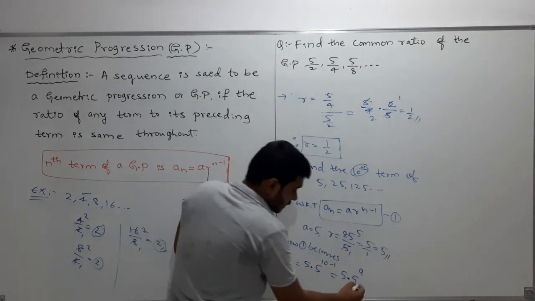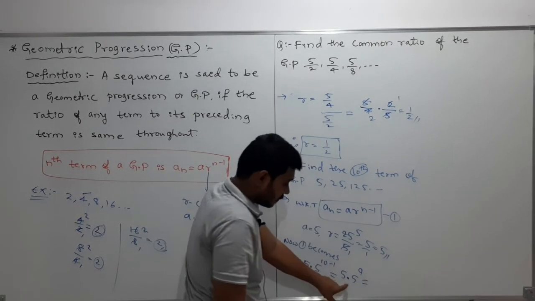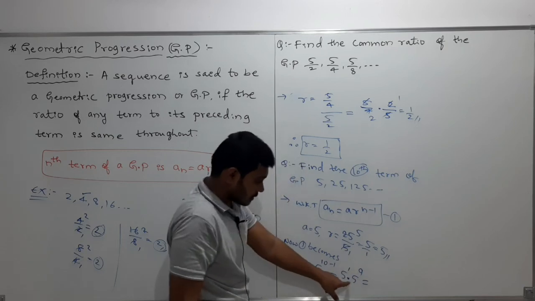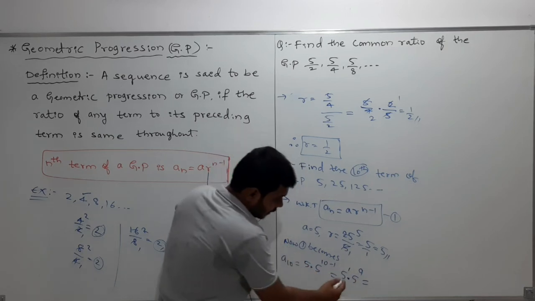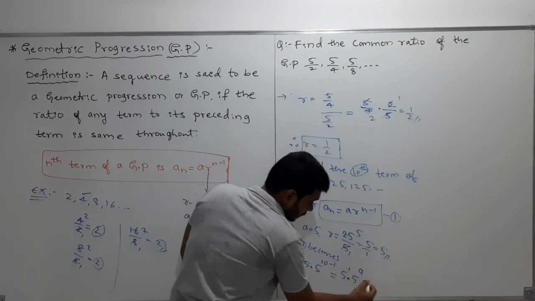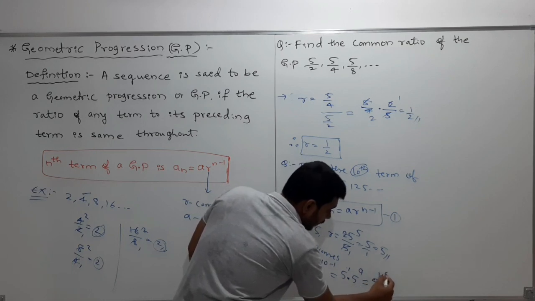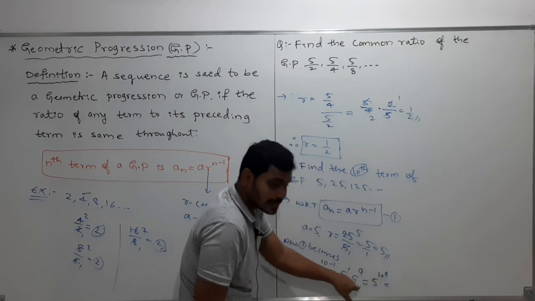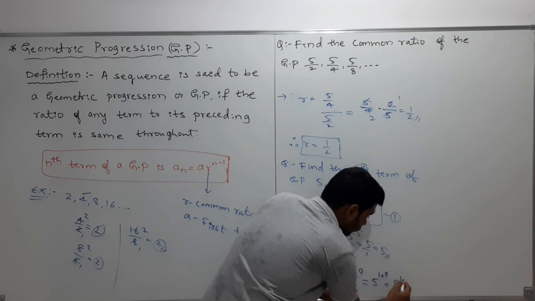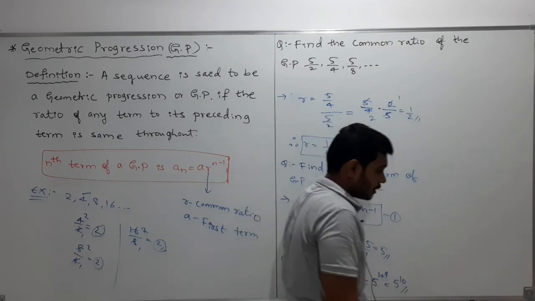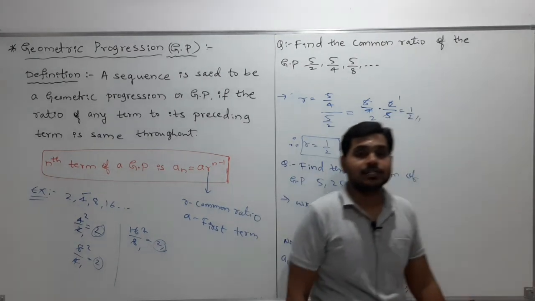Here 5 is 5 to the power 1. The base is the same, 9 and 1, so this can be written as 5 to the power 1 plus 9. That gives you 5 to the power 10. So this is your required answer, my dear students.